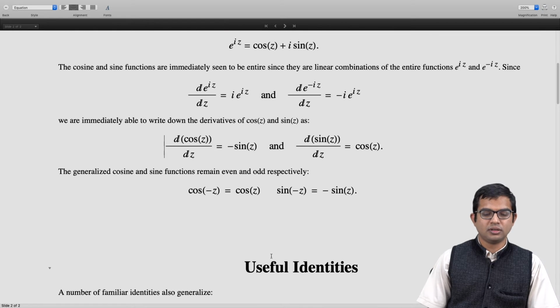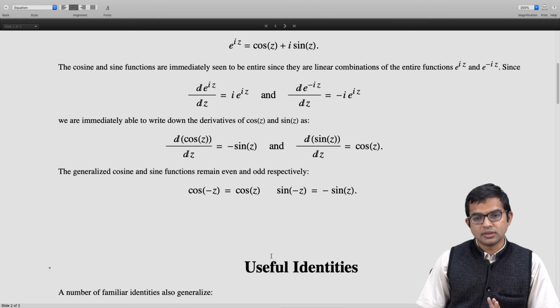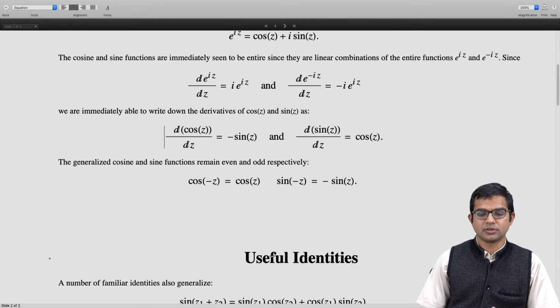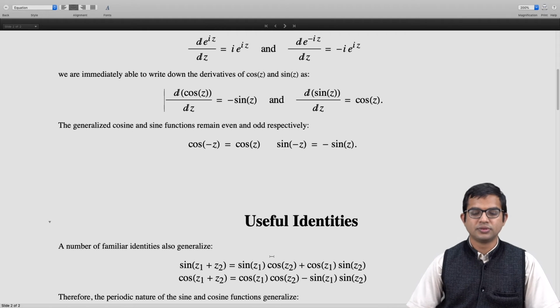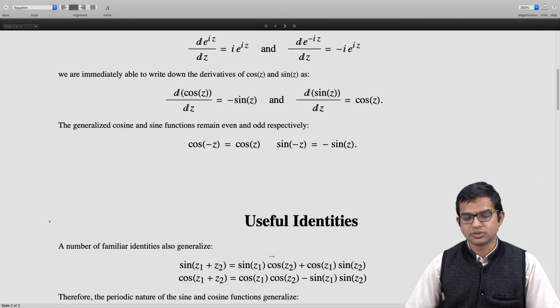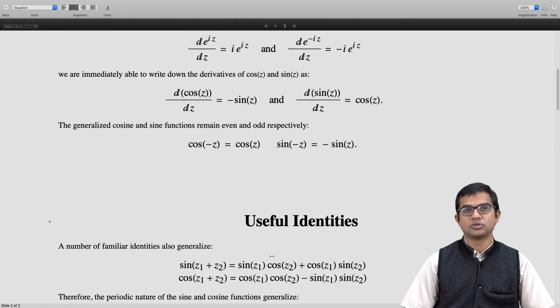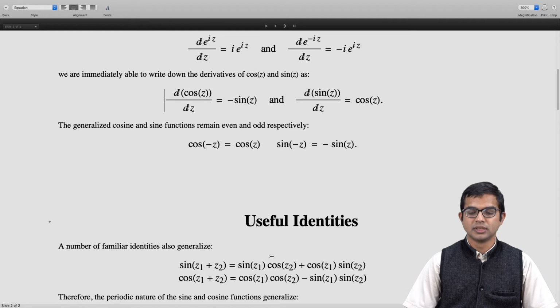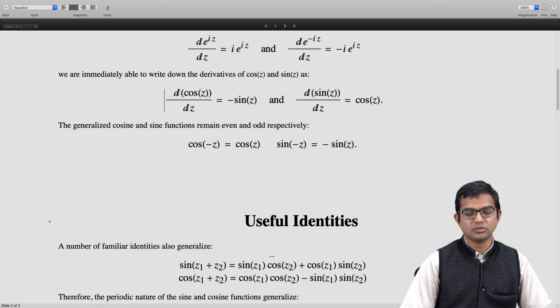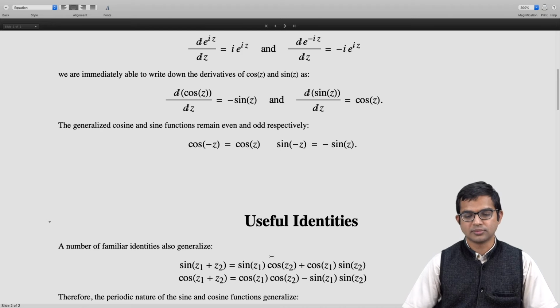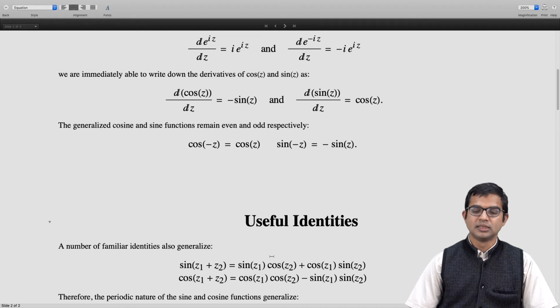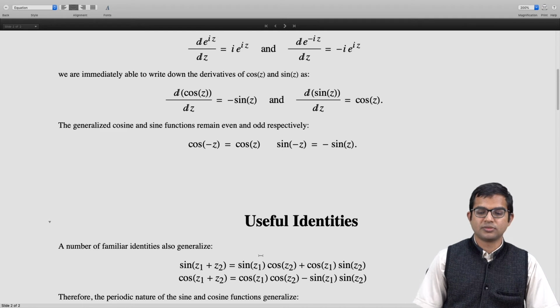There are several useful identities which also generalize, and all of this goes back to the definition of cosine of z and sine of z. You can directly derive all of this, right? So for example, sine of z1 plus z2 is equal to sine of z1 times cosine of z2 plus cosine of z1 times sine of z2, and cosine of z1 plus z2 is equal to cosine of z1 times cosine of z2 minus sine of z1 times sine of z2, right?